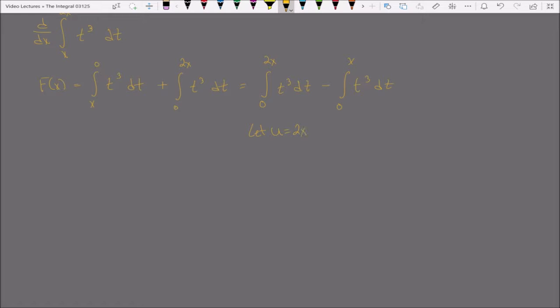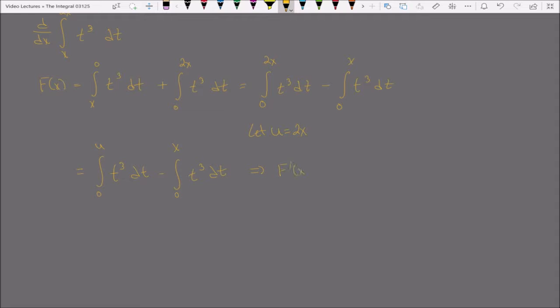Now, for this first one, let u equal 2x. Then what we get is big F of x is the integral from 0 to u of t cubed dt minus the integral from 0 to x of t cubed dt.